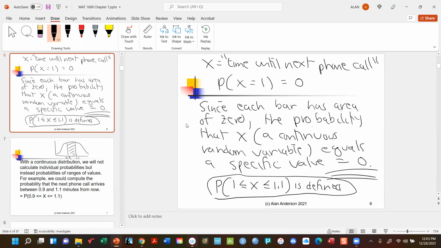So for precisely 1 minute, we'll define that probability as 0, but there's nothing to stop us from asking the question, what's the likelihood that the time until the next phone call is somewhere between 1 and 1.1 minutes?